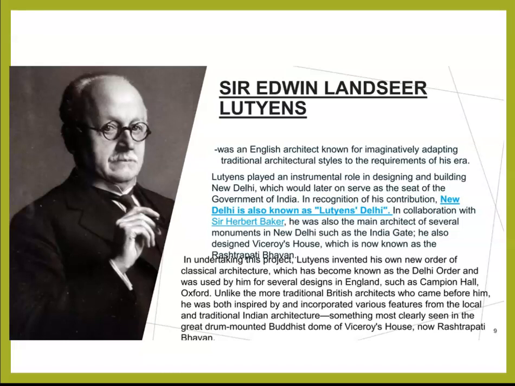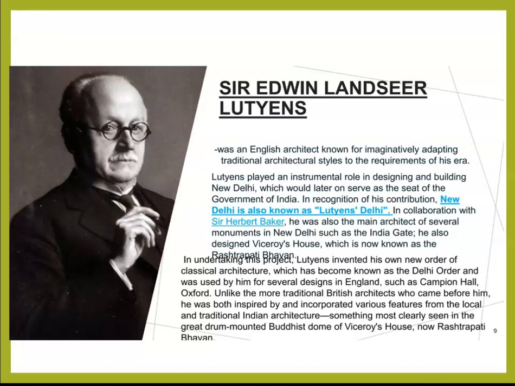He, along with his collaborator Herbert Baker, who is also a main architect of several monuments in New Delhi such as India Gate, also designed Viceroy's House, which is now known as Rashtrapati Bhavan.